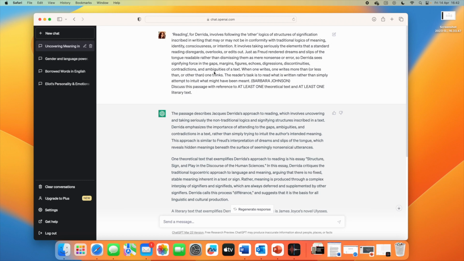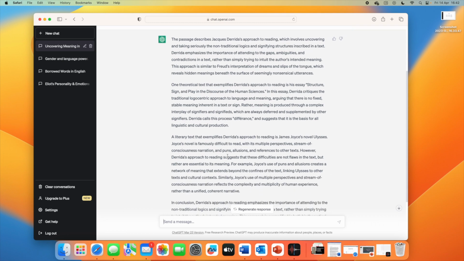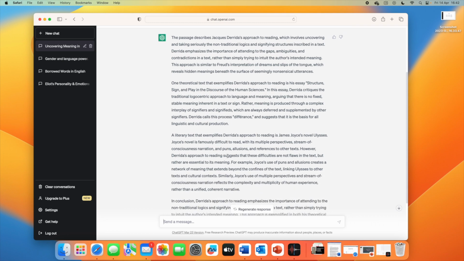There's a likeness to Freud's idea of dreams as a form of literary work. So there's just a lot to digest in this prompt, and what has helped me with using ChatGPT here is that I have taken this passage, I've thrown it in, and it has come out with this very high-level response.